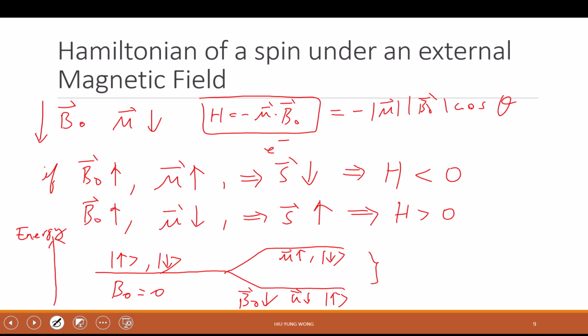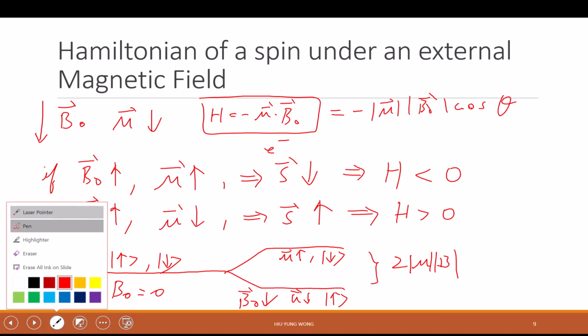Each of them is reduced by mu B, right? For the spin down, you reduce by negative mu B. Spin up, you increase by mu B. So the distance becomes 2 mu B, the magnetic moment times the external magnetic field.